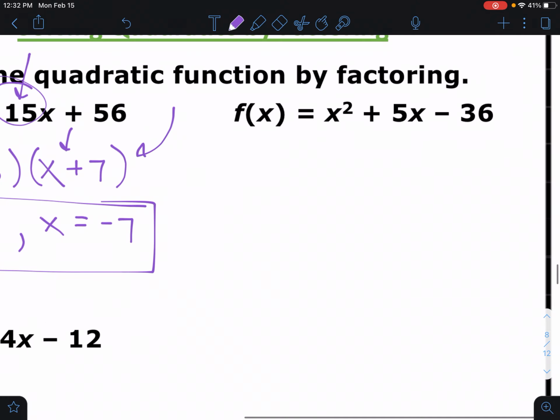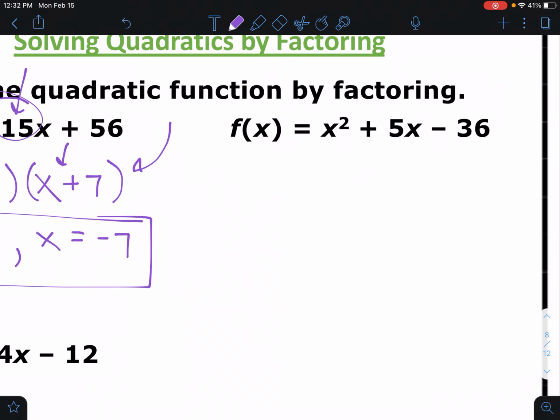Okay, let's just go over a few more to get you acclimated to this again. I'm sure you probably remember this a bit, but x here, x here. Okay, so two numbers that multiply to be negative 36, but add up to be 5. So I want to start with numbers that multiply to be 36. Eventually you're going to come across 9 and 4, which give you 36.